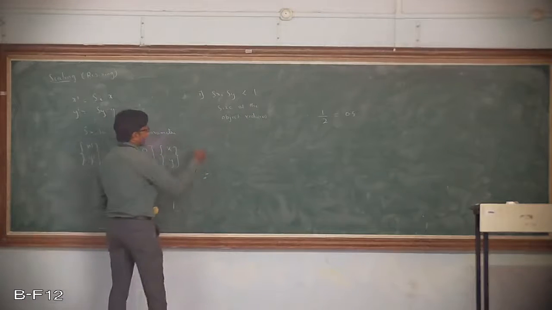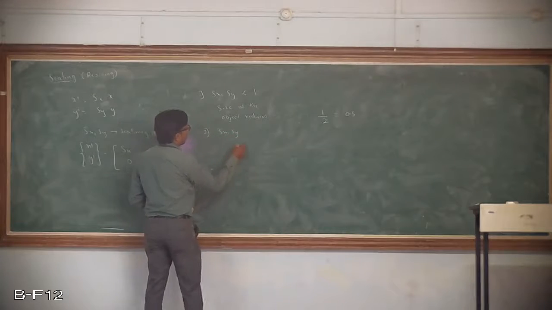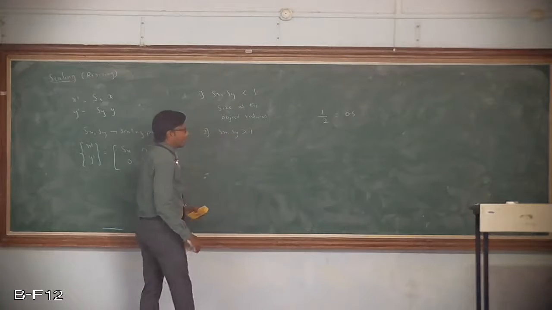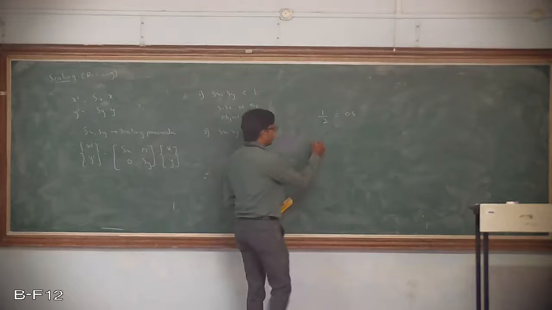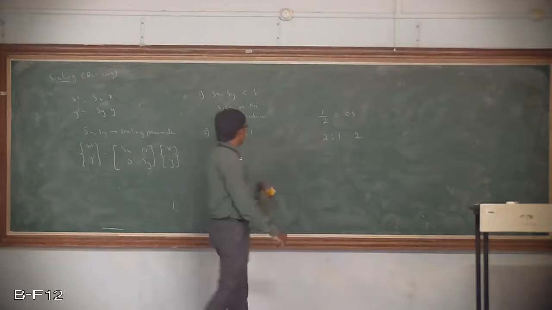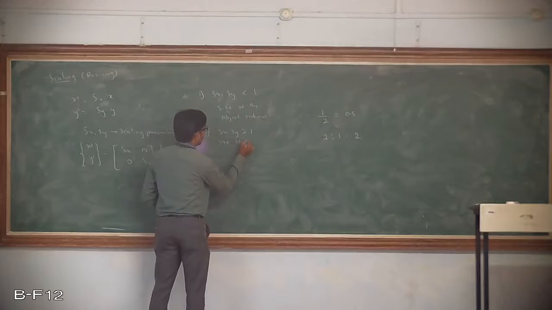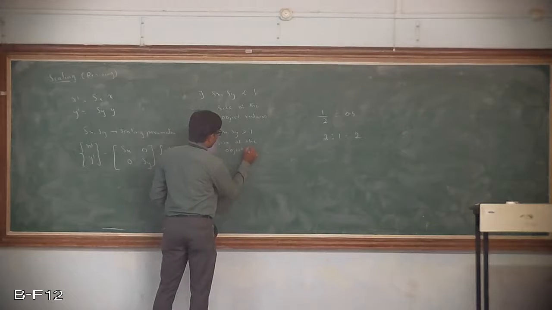Next is the second case. If sx and sy are greater than 1, for example 2, the size is doubled, so the size of the object increases.